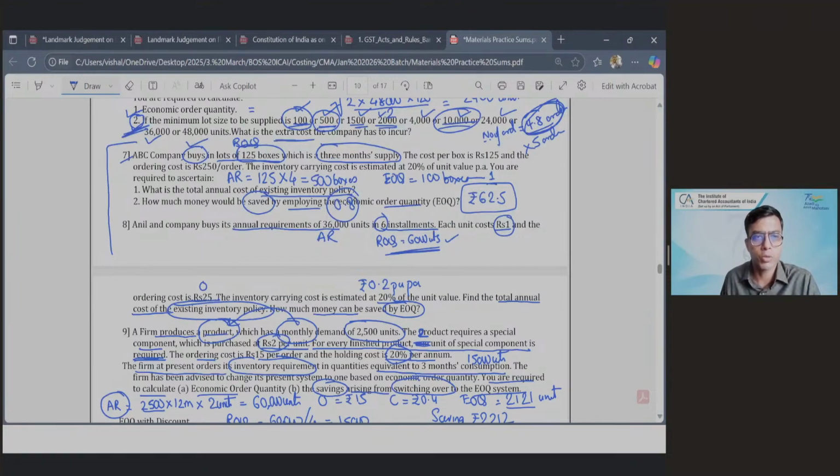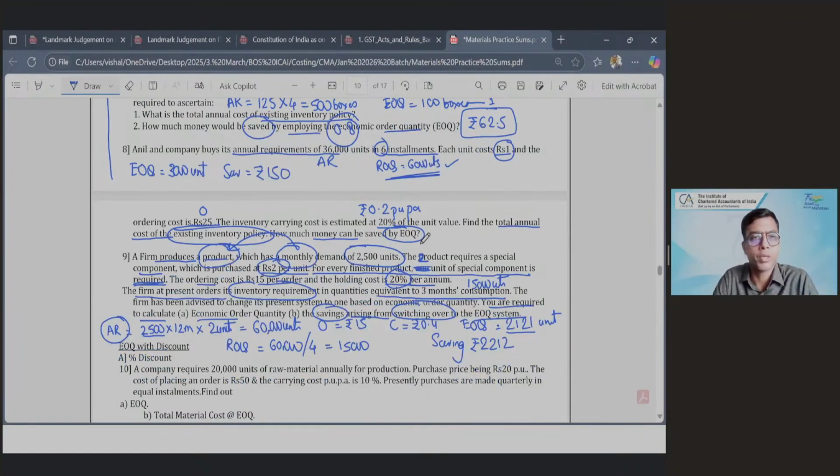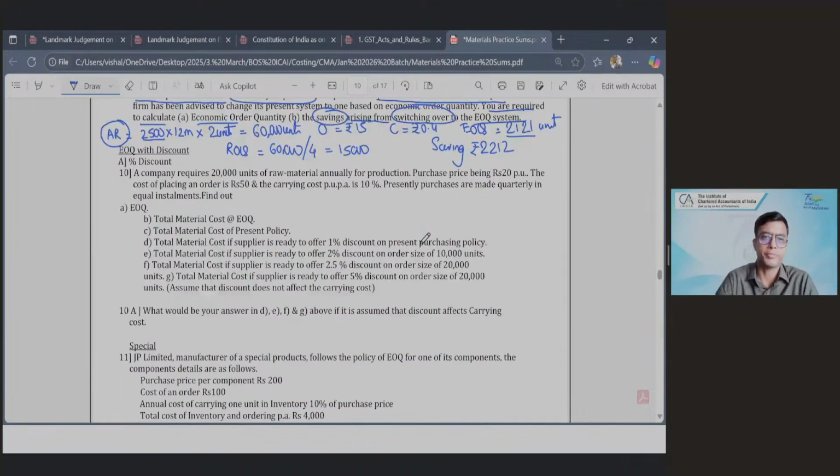And she has also given me the answer for question 8, that EOQ for question 8 is 3000 and savings is 150. So students, kindly make a note so that you have all the answers with you. So these are the answers for question 8, question 9.